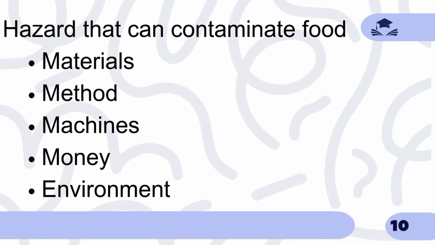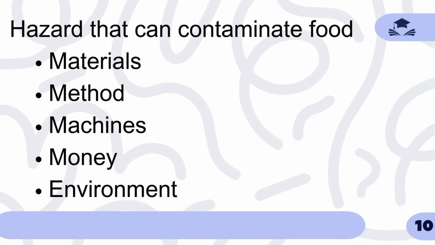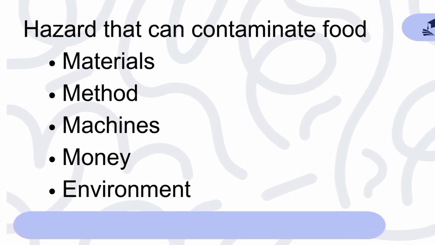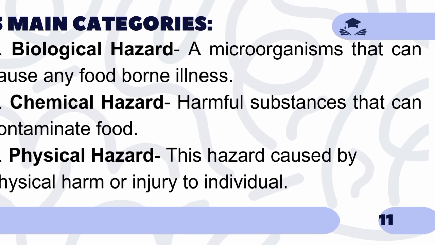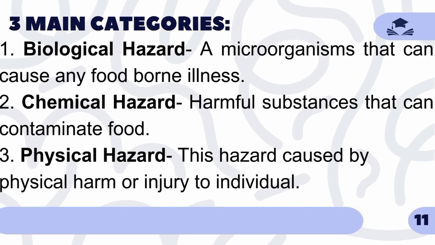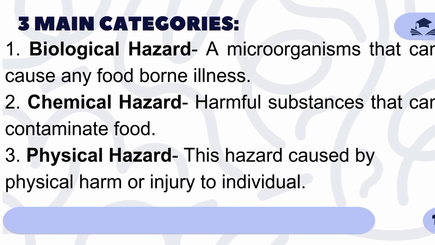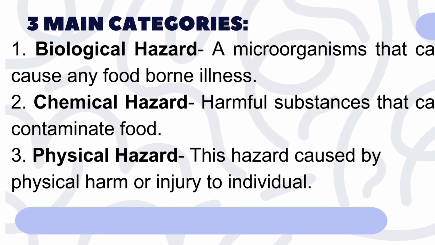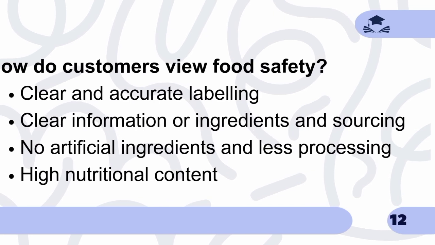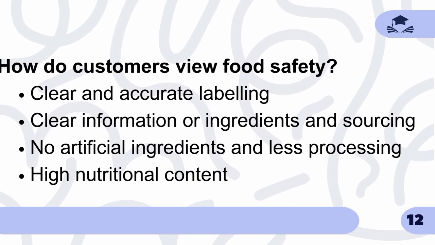Hazards that can contaminate food: materials, method, machines, money, or even the environment. These are the three main categories of hazard: biological hazard, chemical hazard, and physical hazard. This is how customers view food safety.